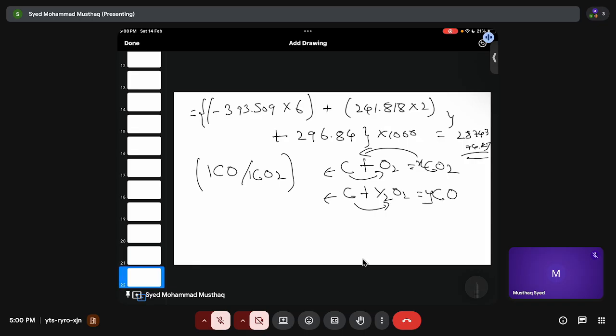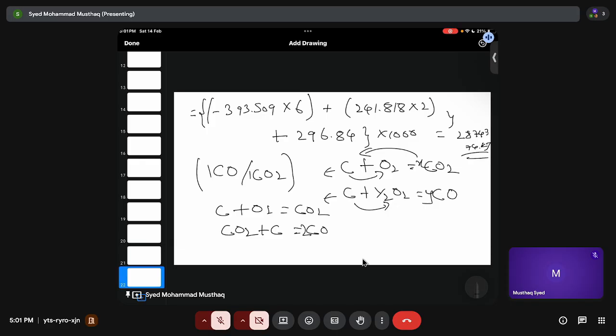For incomplete combustion, you have C plus O2 gives CO2, and C plus CO2 gives 2CO. CO2 again reacts with carbon to form CO. To avoid writing oxygen many times, you can just take this reaction.